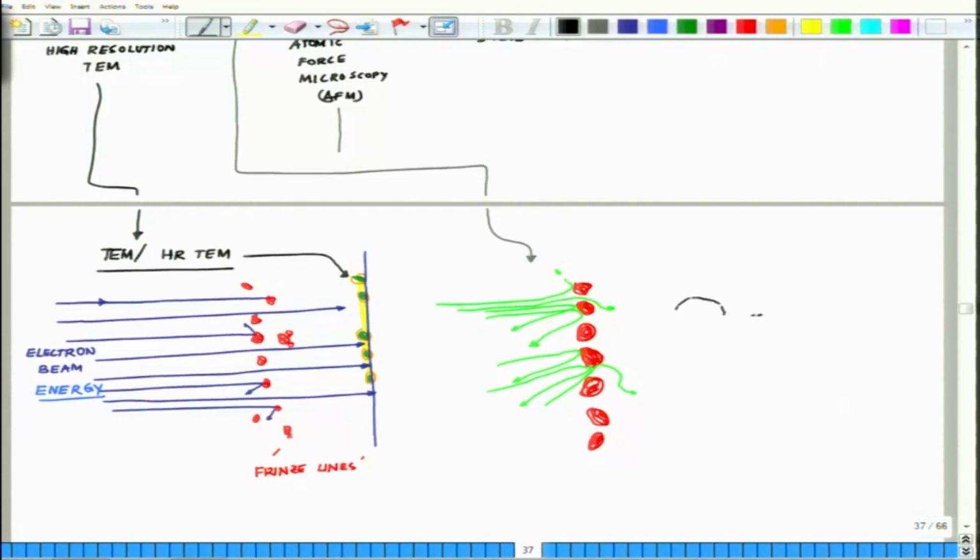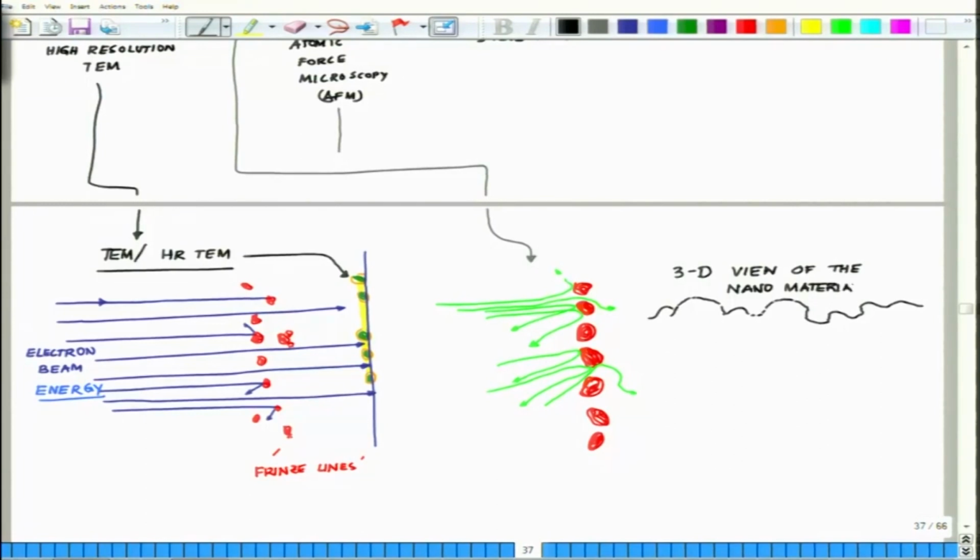So in the black I am drawing the three-dimensional view of the substrate or the nanomaterial. So what you are going to get in a picture will be a much more three-dimensional view of the concerned nanomaterial.